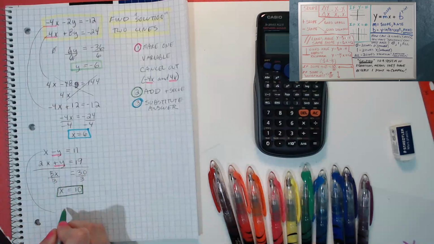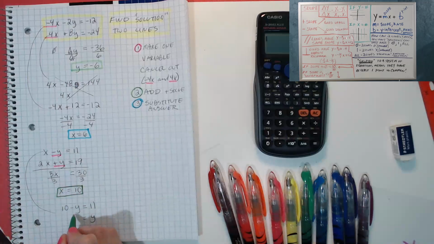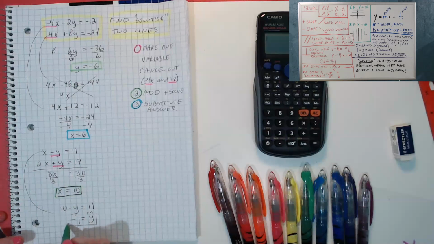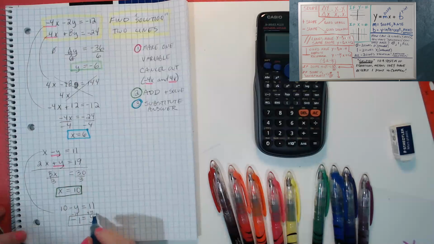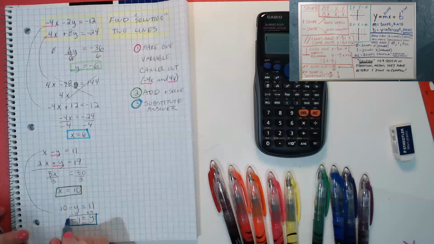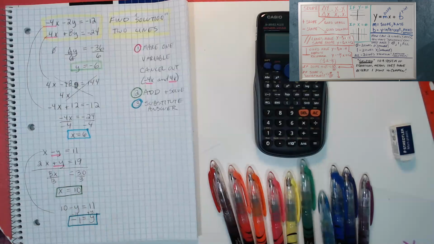So I'm going to say 10 minus y equals 11. So I'm going to add y to both sides and subtract 11. So y is -1. And if you need to go back later, you can always pause the video to go back. I'll definitely be going back to see what I did wrong in the other problem, but not right now. Okay.